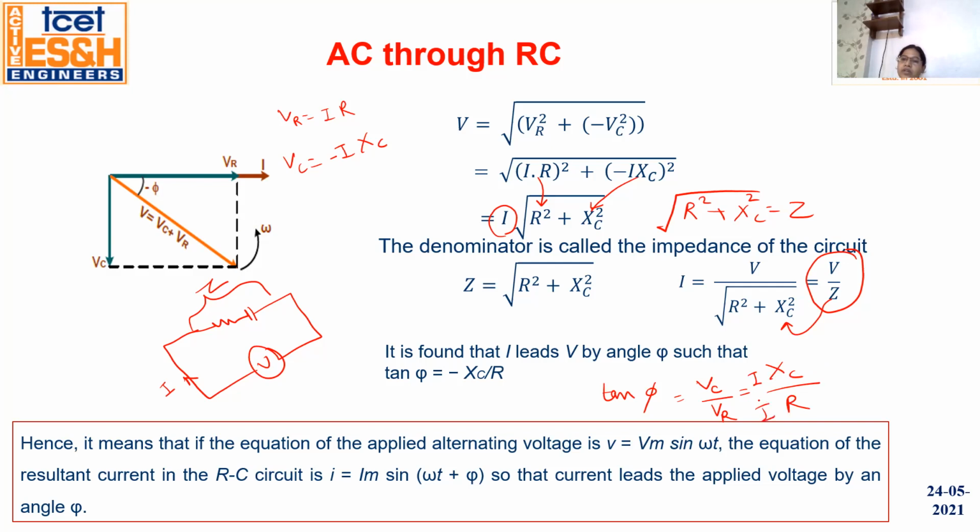If you multiply by I, then I cancels, so it is also XC by R. So it clearly shows that in RC circuit, the current is leading by angle phi. So the representation of current is Im sin omega t plus phi, whereas the representation of voltage is Vm sin omega t.